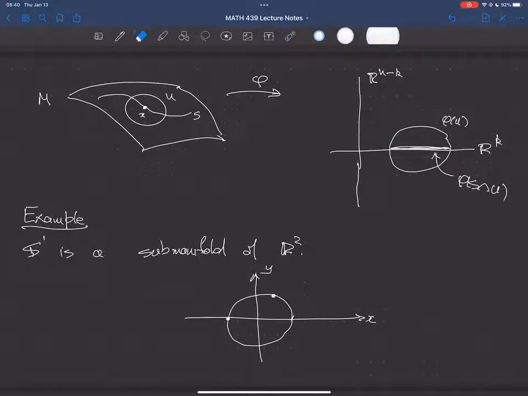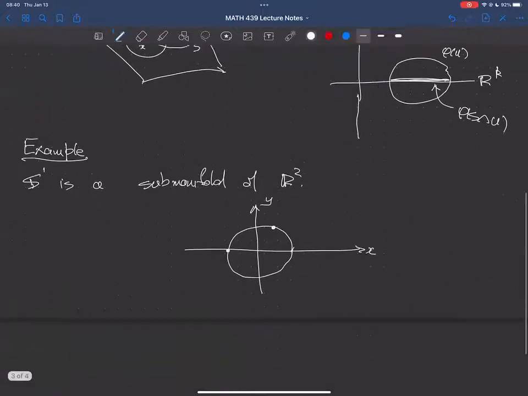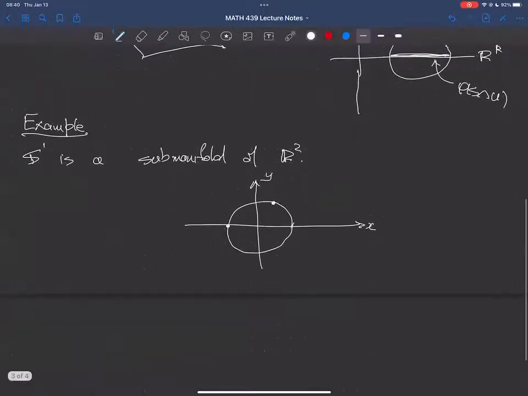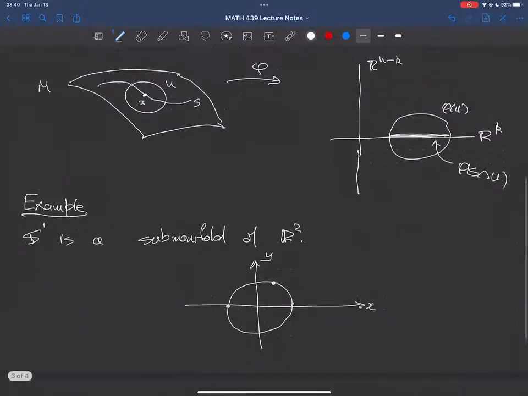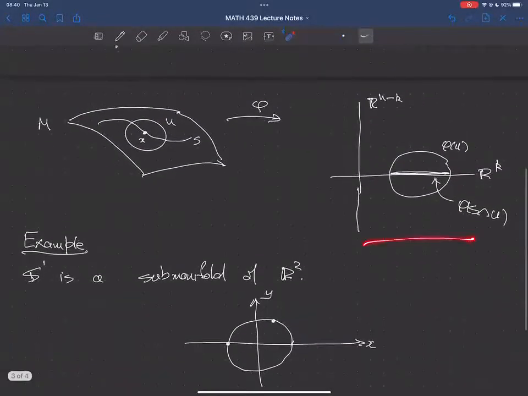Now, if you think about it, there's a pretty obvious set of coordinates for R2 that you're going to choose. The normal Cartesian coordinates for R2, X and Y, are not going to work, because according to this picture one of the coordinate functions has to be constant, and neither X nor Y is constant around a circle.